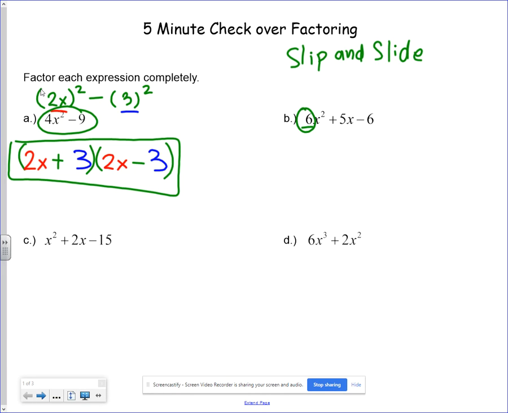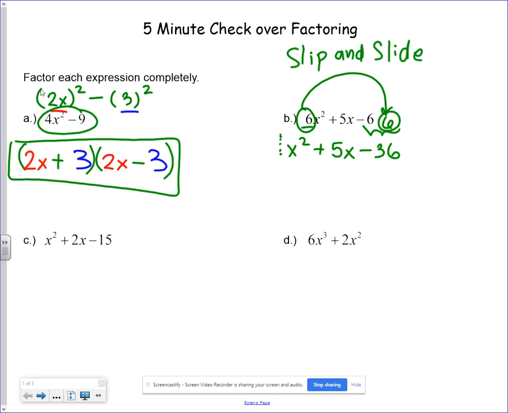We're going to take the 6 and slip it to the back. So when I slip the 6 to the back, now I have 1x squared plus 5x. And remember, when you slip it to the back, you multiply those 2 numbers together. Negative 6 times 6 will be negative 36. Now we have a quadratic trinomial that has a leading coefficient of 1.